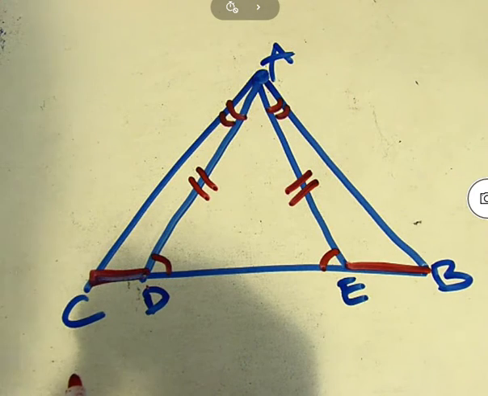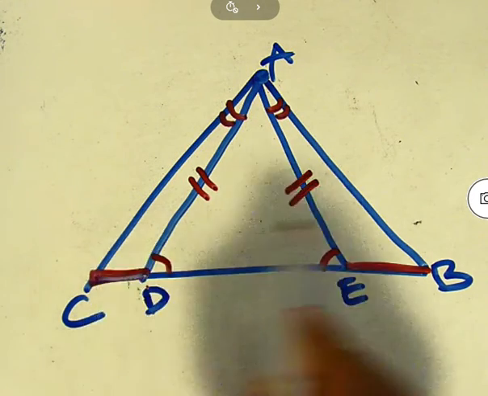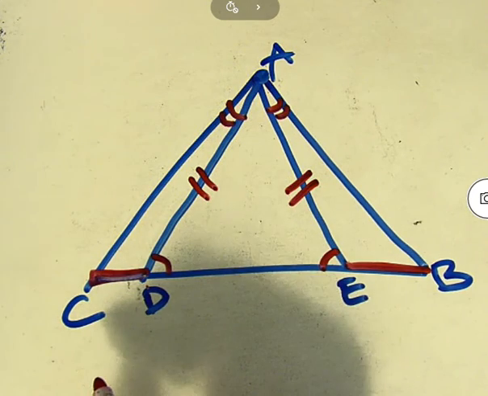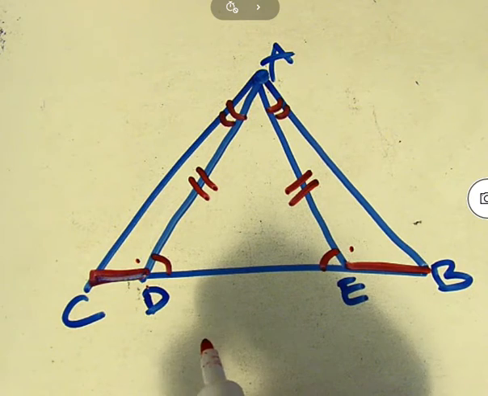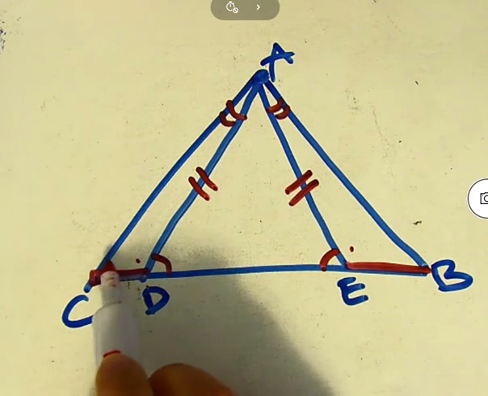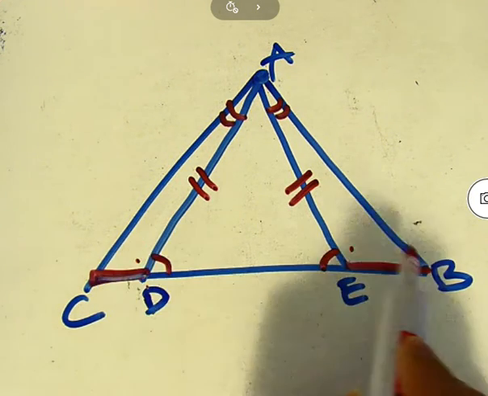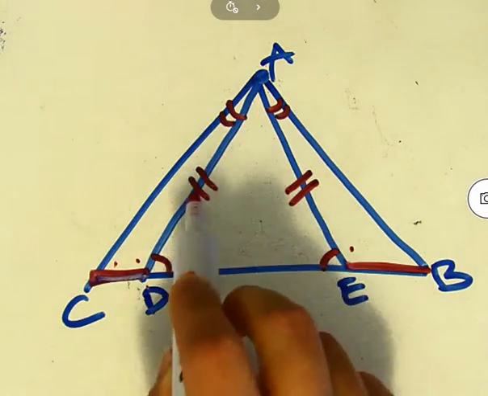What I would need is either another angle, and it could be this one down here, or it could be an angle that's right here, and it would give me ASA. If I were to choose angle C to be congruent to B somehow, then I would end up using AAS.